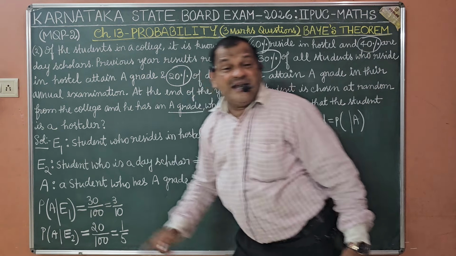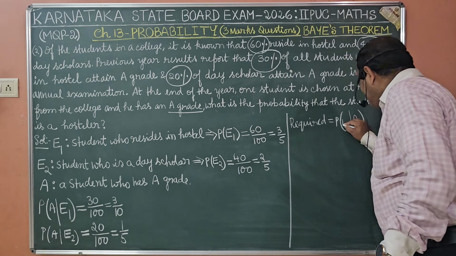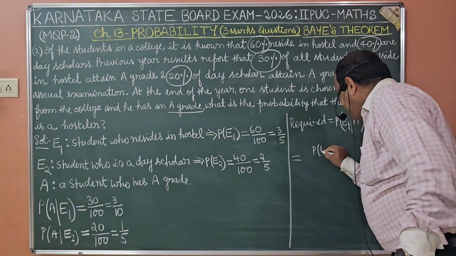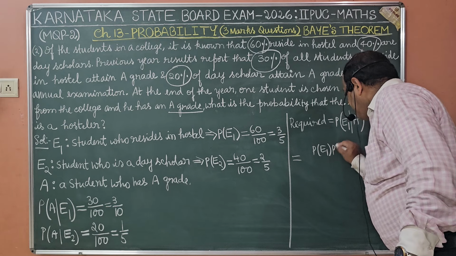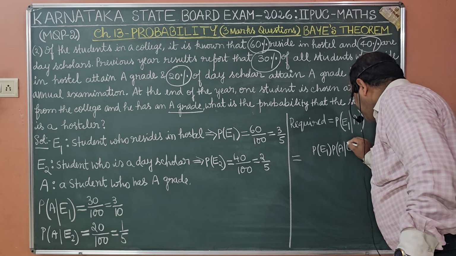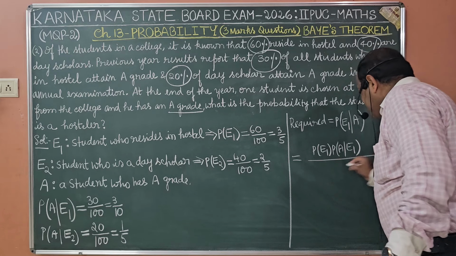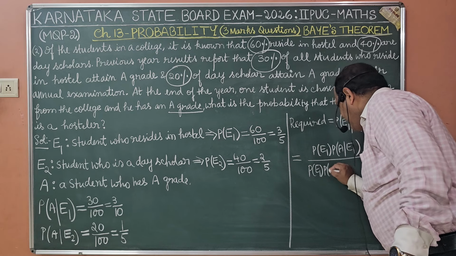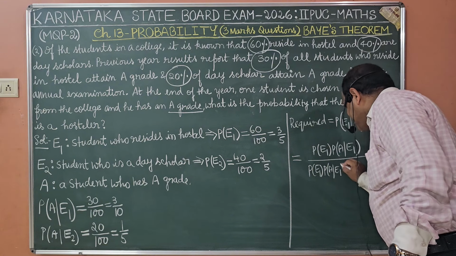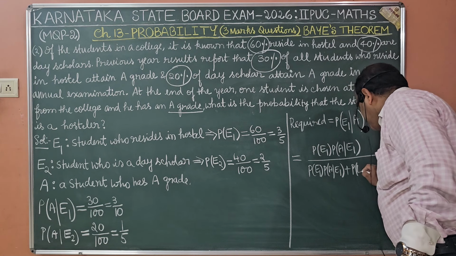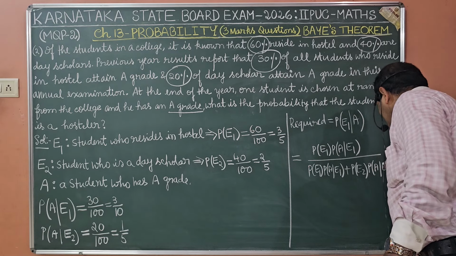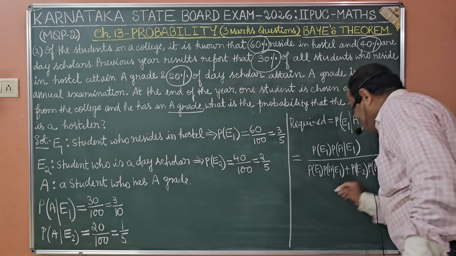It is event E1. So required P of E1 given A, and formula is P of E1 into P of A given E1, this whole thing divided by P of E1 into P of A given E1 plus P of E2 into P of A given E2, and let me substitute.